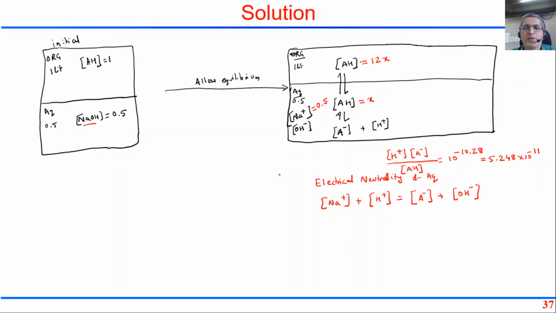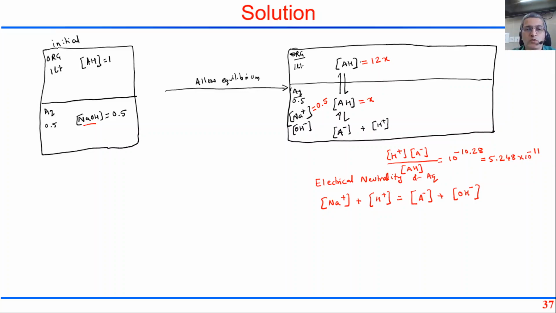All the positive ions must exactly balance all the negative ions. Do you agree with that? Yes, no? Now, what can we say about H plus and OH minus?